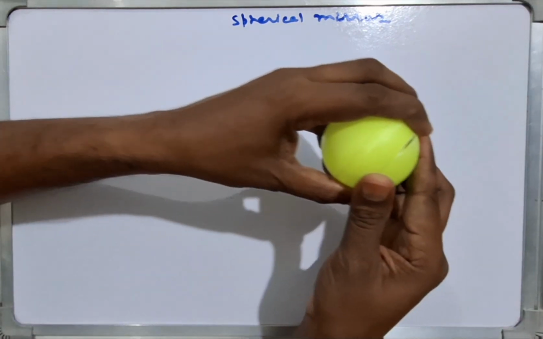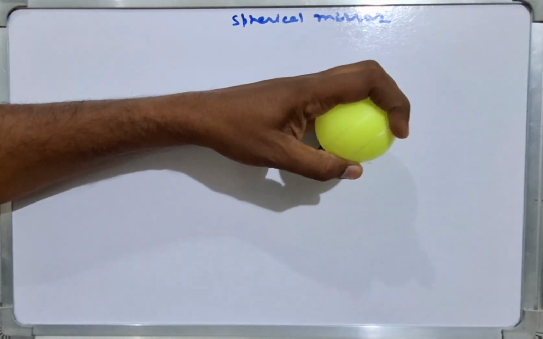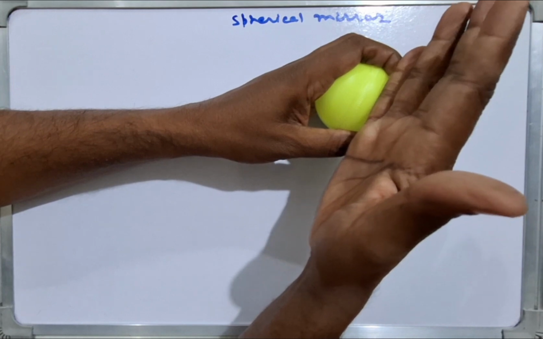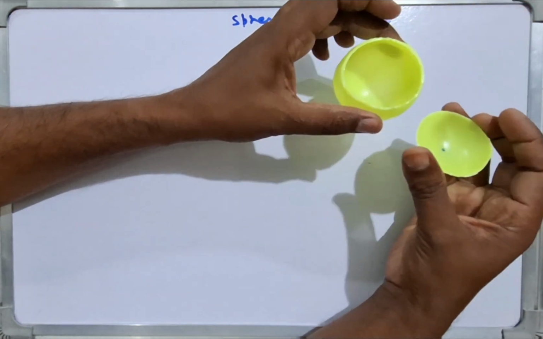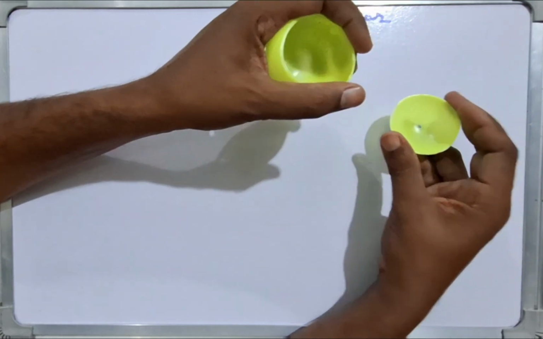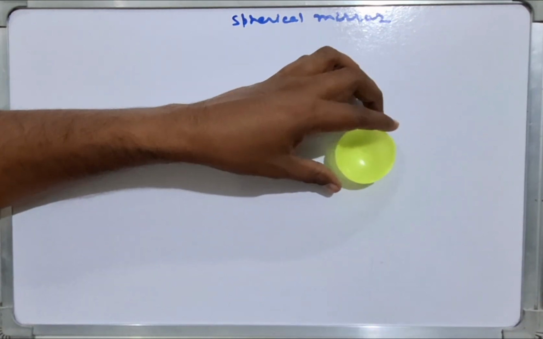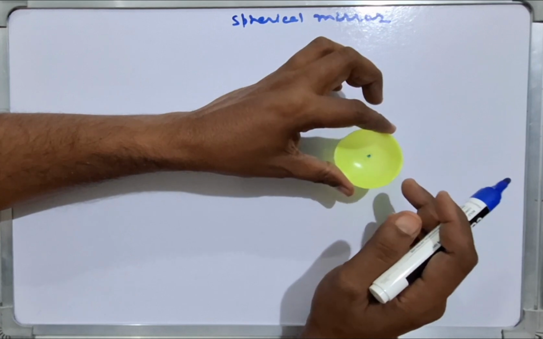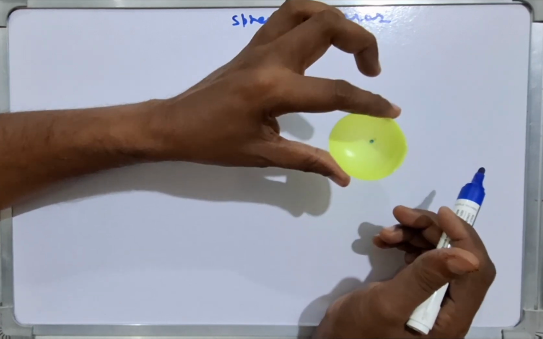Okay, so suppose this one is a full sphere of glass. Now you cut it from this point, so now it is divided into two parts. Take the smaller one. Then the center of this curved part is known as the pole.